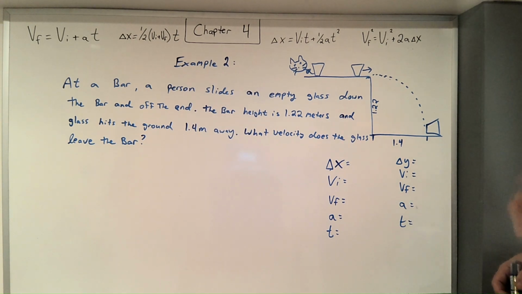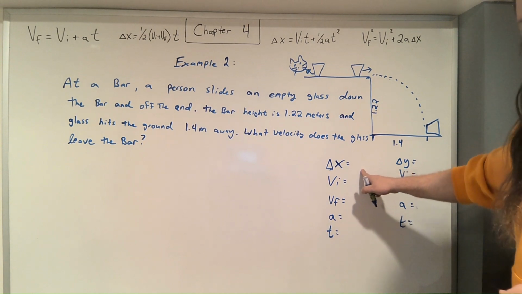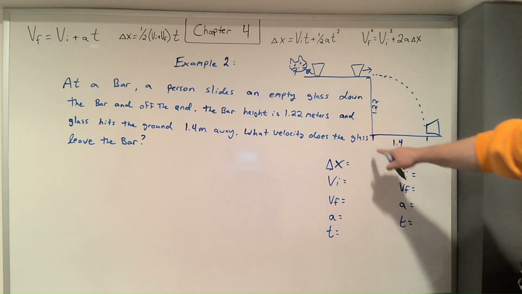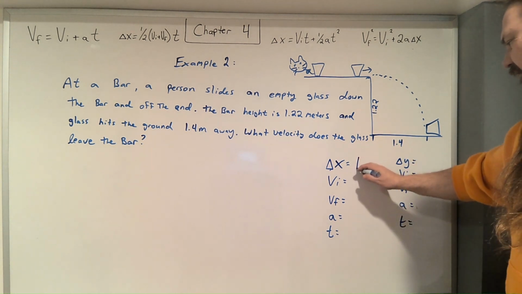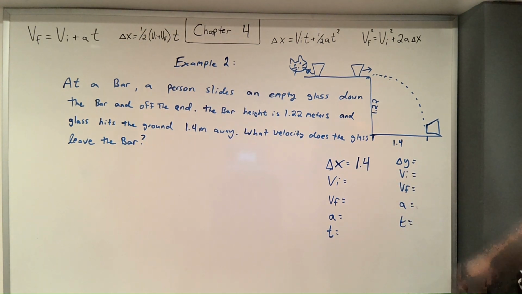So what information do we know? Do we have a change in x? Yes. Okay, so the change in x is the distance at which the glass left the counter and hit the floor. So our x displacement is 1.4 meters. Now, I don't always write the units on these. I want your units in the final answer.